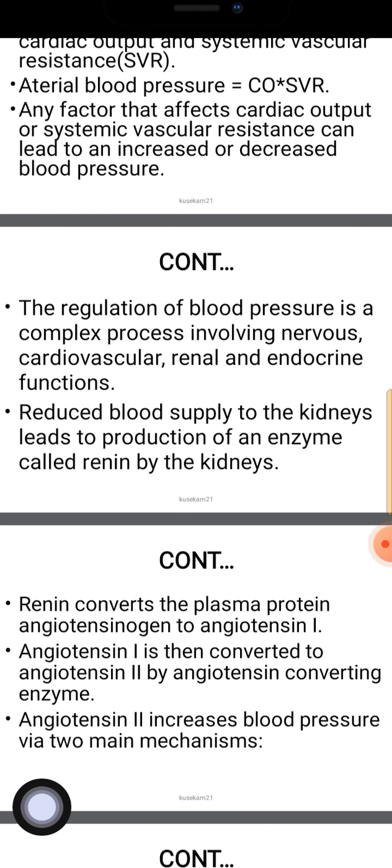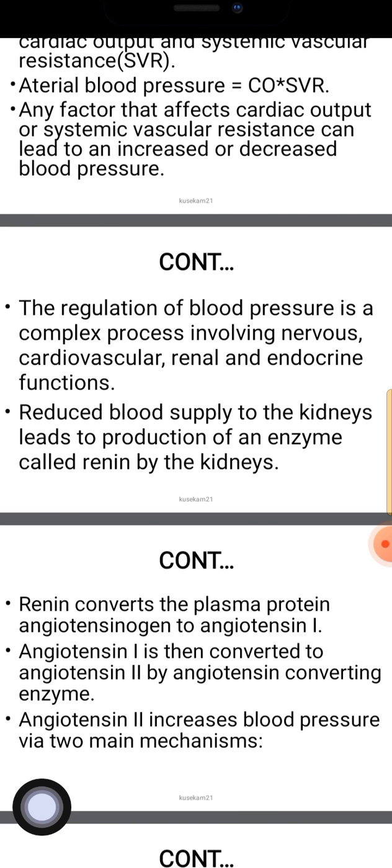So if any of the factors we have discussed affects the cardiac output or the systemic vascular resistance, there will be interference, and the same interference can lead someone to have high blood pressure or low blood pressure.